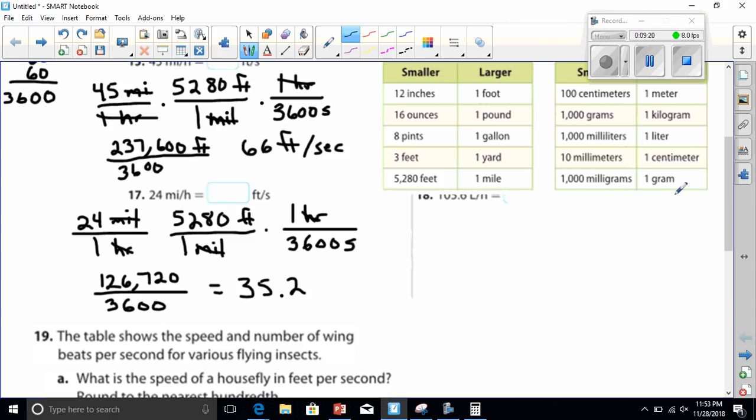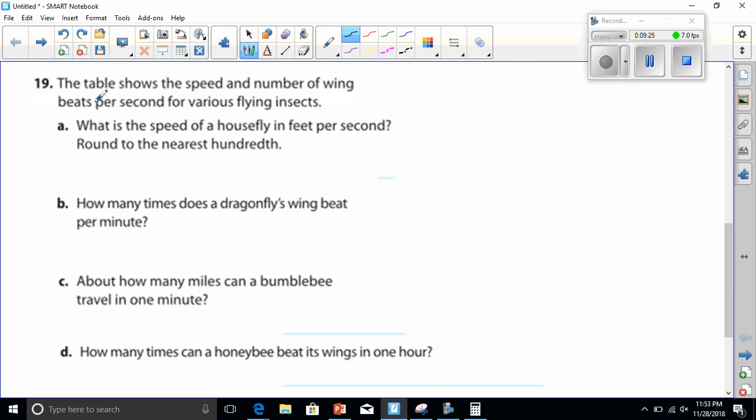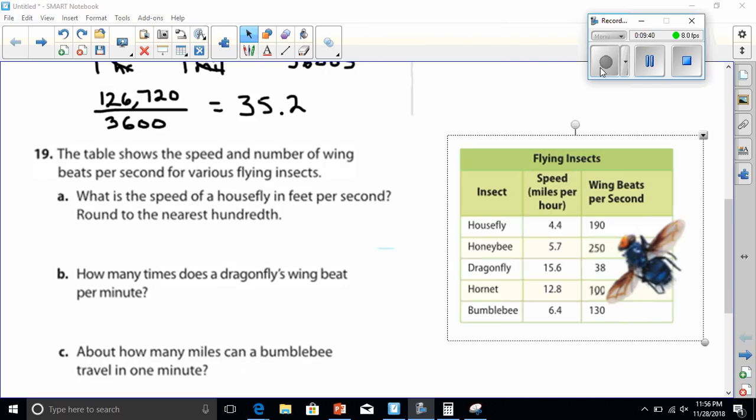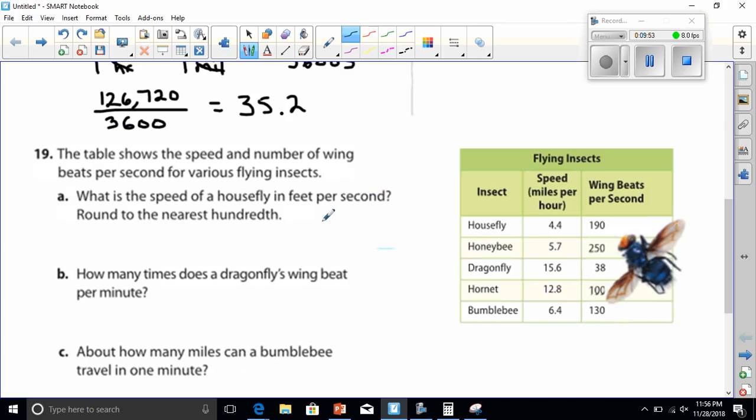All right, let's see. The next odd one is 19. It says the table shows the speed and number of wing beats per second for various flying insects. What is the speed of the housefly in feet per second? All right, I brought the chart over so we could go ahead and examine it. Round to the nearest 100. Well, let's first look up the housefly.